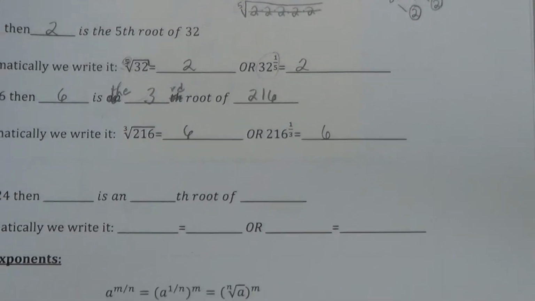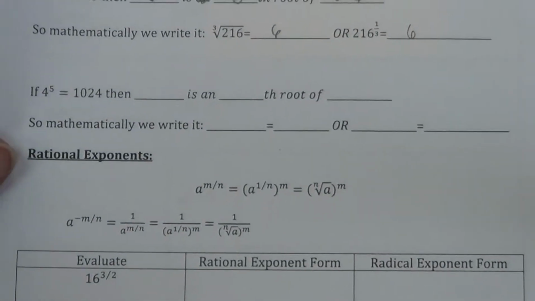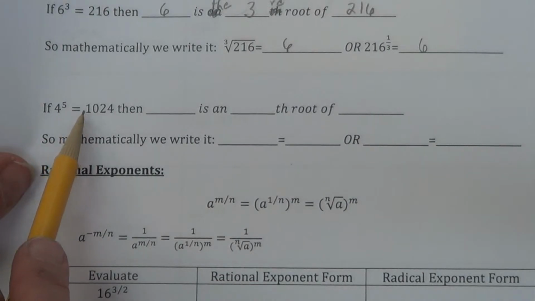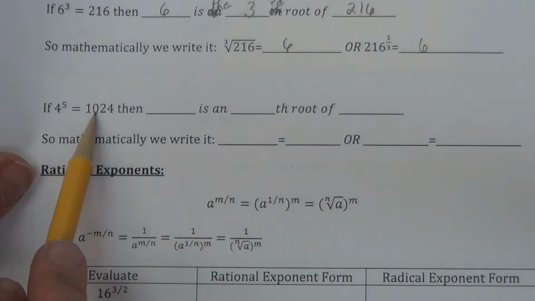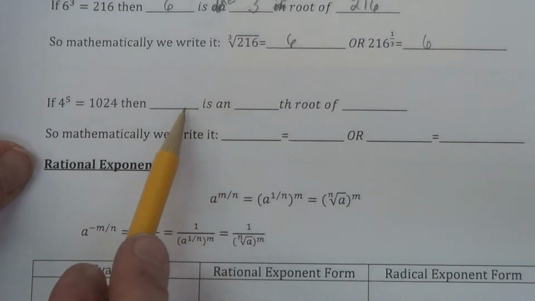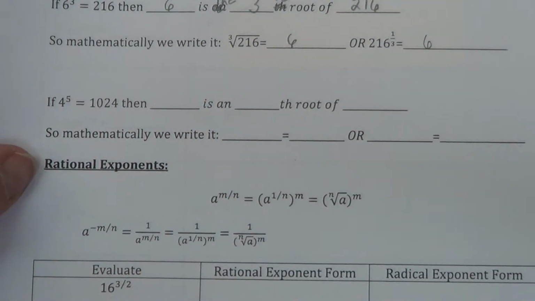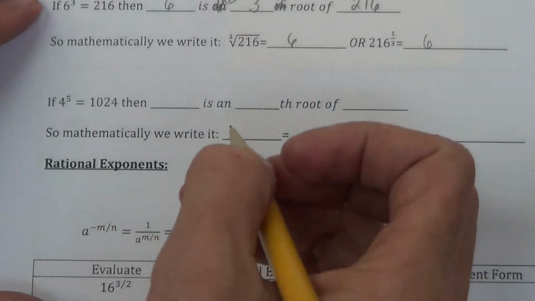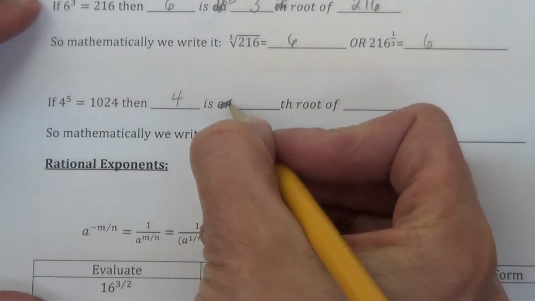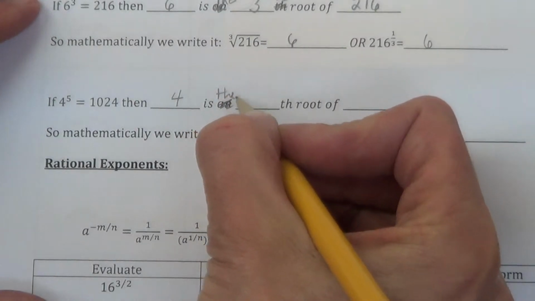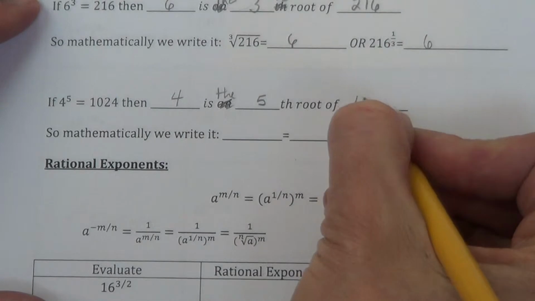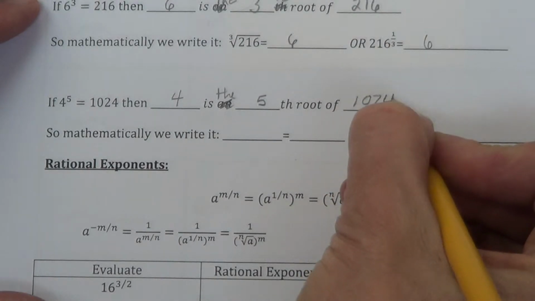Okay? So now, pause the video and go ahead and fill this one in. 4 to the 5th equals 1024. Go ahead and pause the video and fill those in. Okay, that would be 4 is the 5th root of 1024.